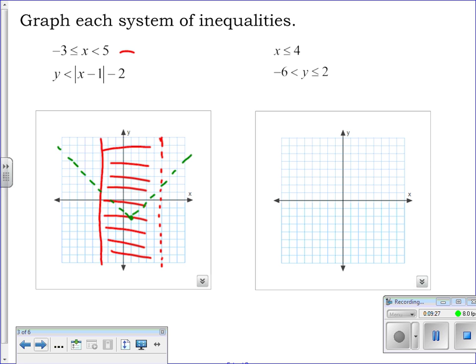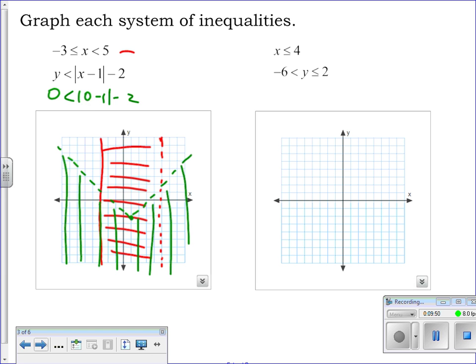And then I test 0 less than the absolute value of 0 minus 1, minus 2. This is 1. 1 minus 2 is -1. Is 0 less than -1? No. So the origin, which is inside the V, is not included. That means everything outside the V is my shaded area.